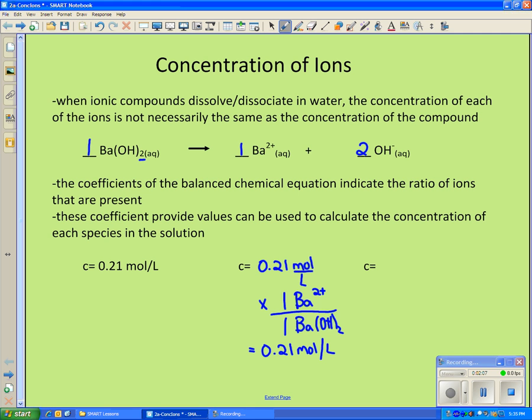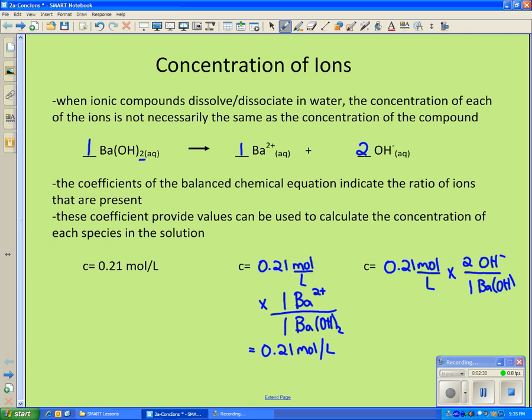Same setup for the hydroxide ions in the last part, 0.21 moles per liter, and that's our solution of barium hydroxide. So again, we're going to multiply by a ratio, and this time we want 2 hydroxide ions for every 1 barium hydroxide that we started with.